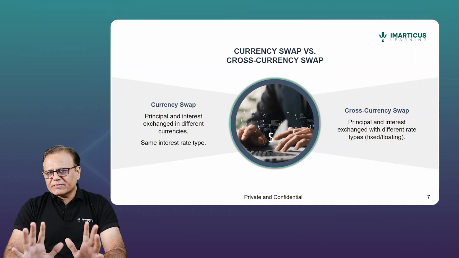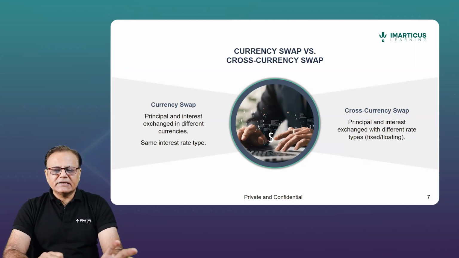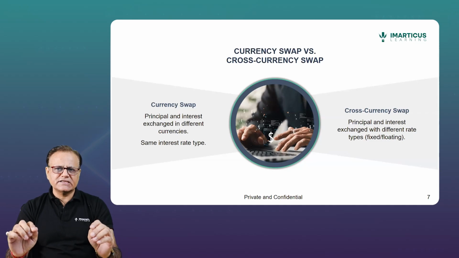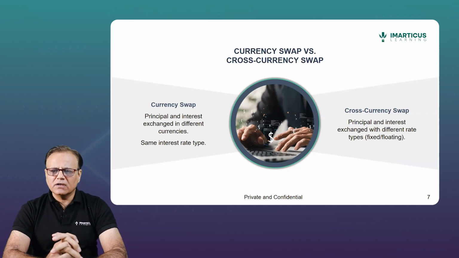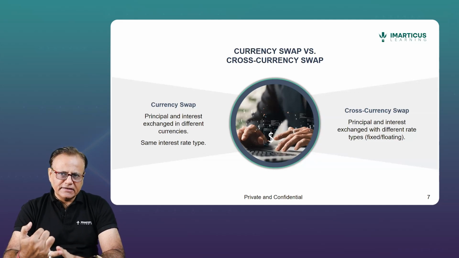What is the difference between currency and cross currency? The difference primarily is about the principals and the interest rate. The interest rate is the key here. We should understand that both currencies in their local economies command an interest rate, right?